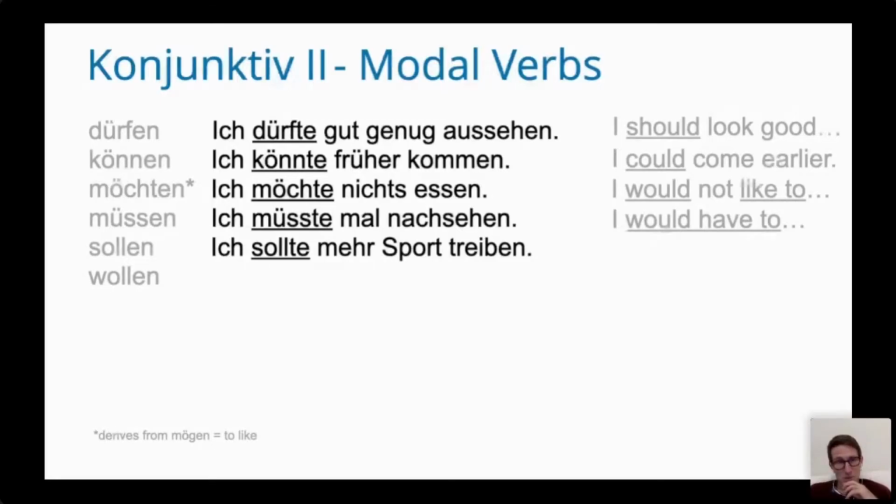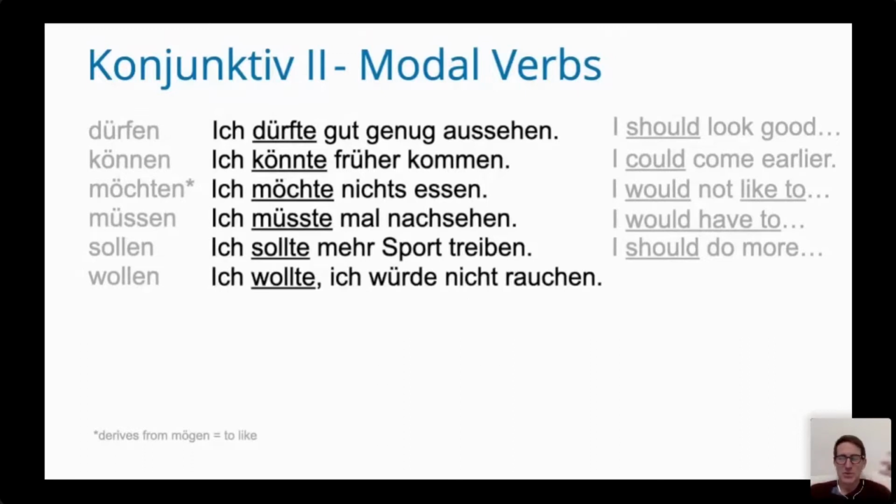In 90% of the cases you see sollte, it's a Konjunktiv 2. And I say that because the Präteritum looks the same. It could be the past, or it could be the Konjunktiv, but in 90% it's the Konjunktiv. It means I should. Sollte is the real should. Dürfen is derived from being allowed, but as you can see, we'd rather use it as should.